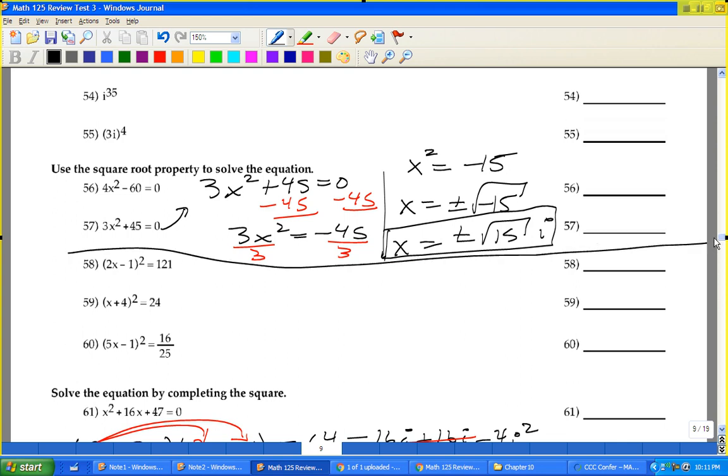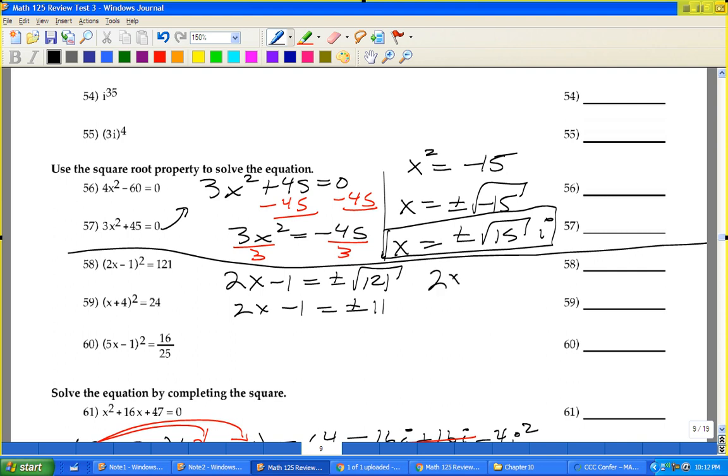Let me do problem number 58. And so, by the square root property, 2x minus 1 is equal to plus or minus the square root of 121. What's the square root of 121? And so, I get 11. Let me add 1 to both sides of my equation.